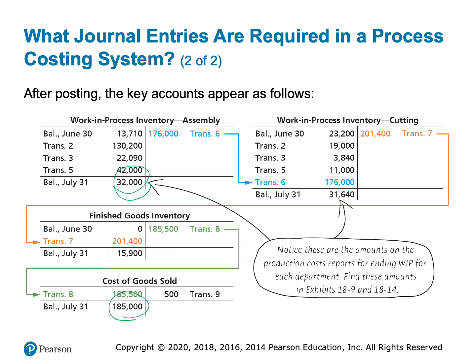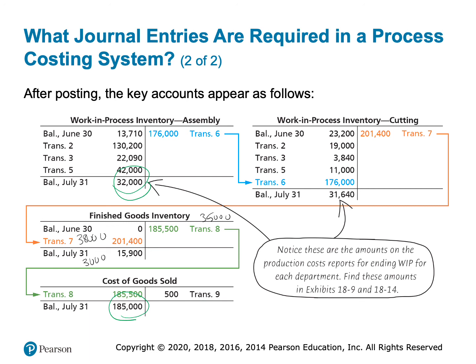We also look at our finished goods inventory account here. Notice that we have an ending balance of 15,900. So I want to point out, remember, we transferred in 38,000 units. We sold 35,000 units. So this 15,900 represents 3,000 units.